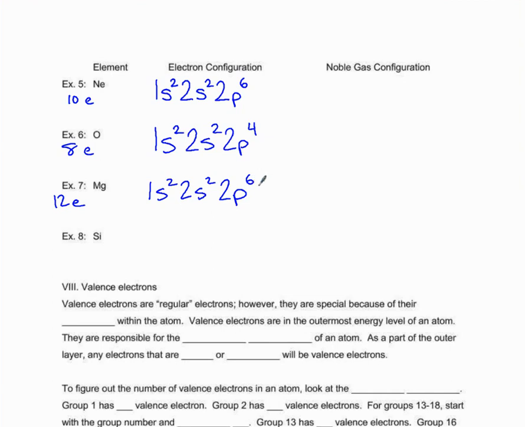Then we have energy level 3, sublevel S, with 2 arrows, so we have 3s2. So just to double check and make sure that I have 12 electrons, 2 plus 2 is 4, plus 6 is 10, plus 2 more is 12.